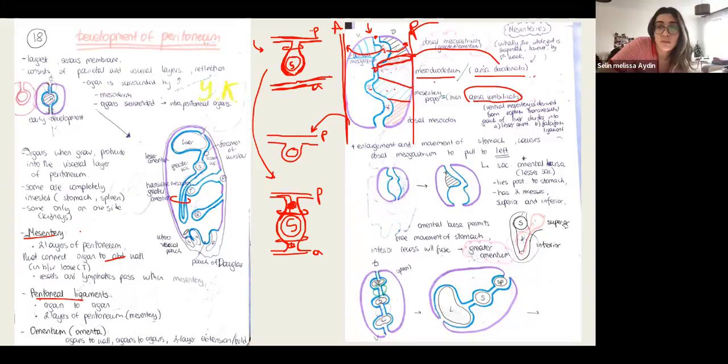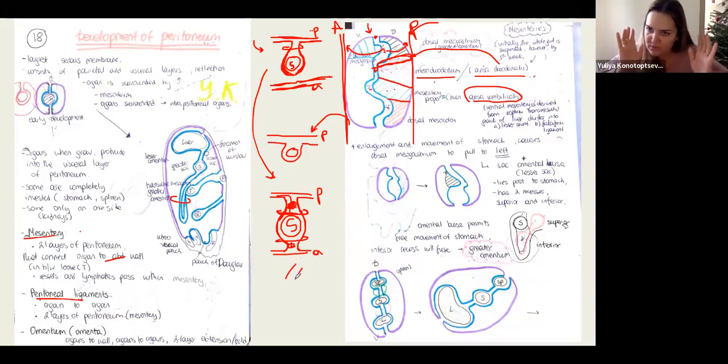Four. So really try to understand that we started with two layers of something, right? It came down and then it folded back. So if you count, visceral, visceral, visceral, visceral.